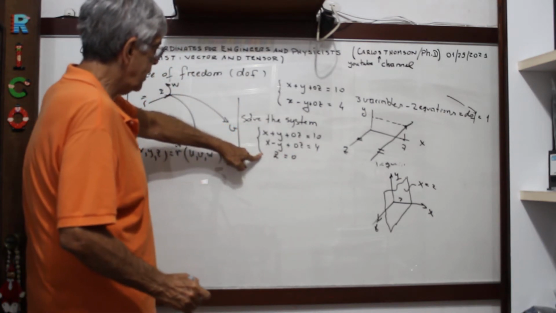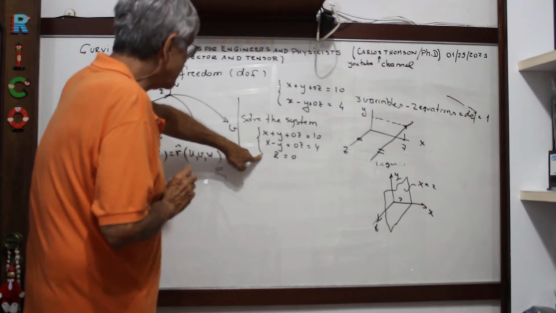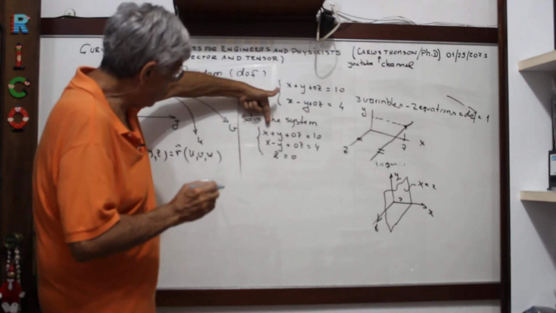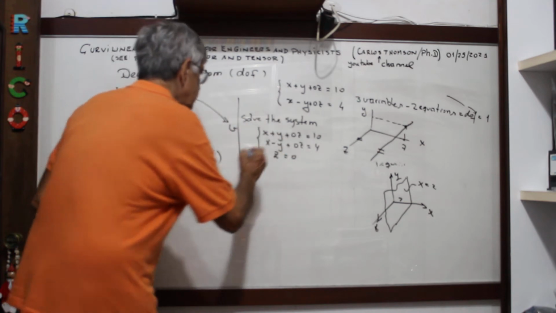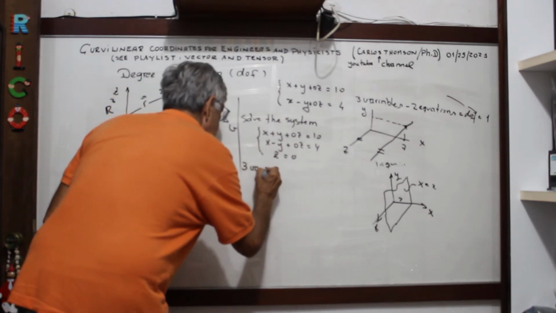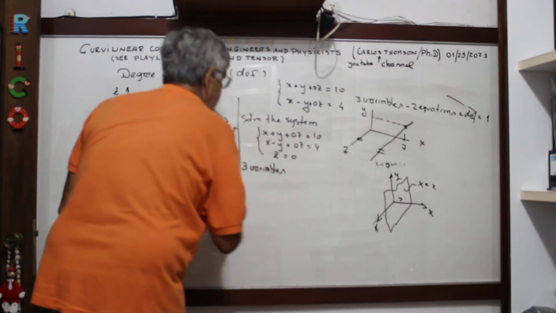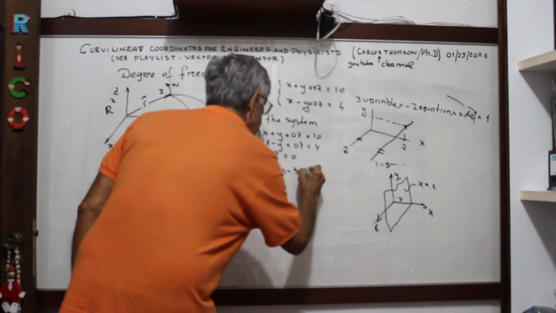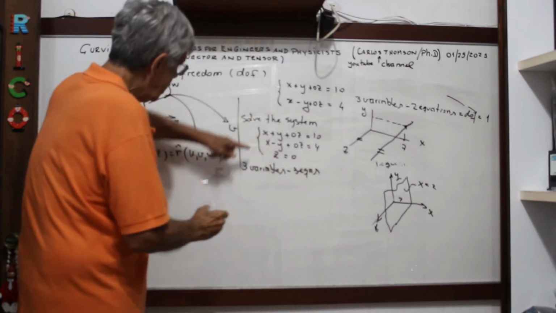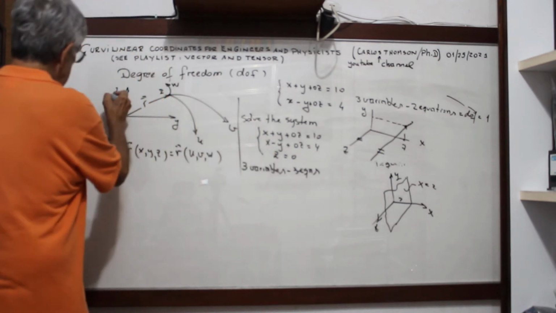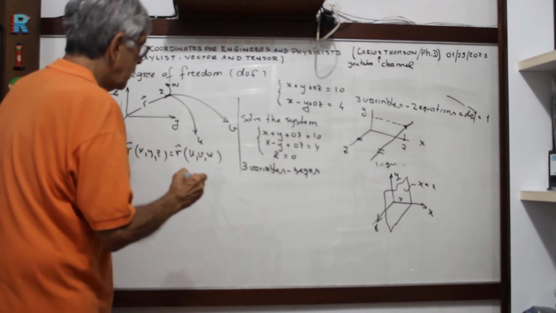Okay? Look how interesting it is here. We have three unknowns, three variables, and three equations. Three variables and three equations. I'm looking in R3.